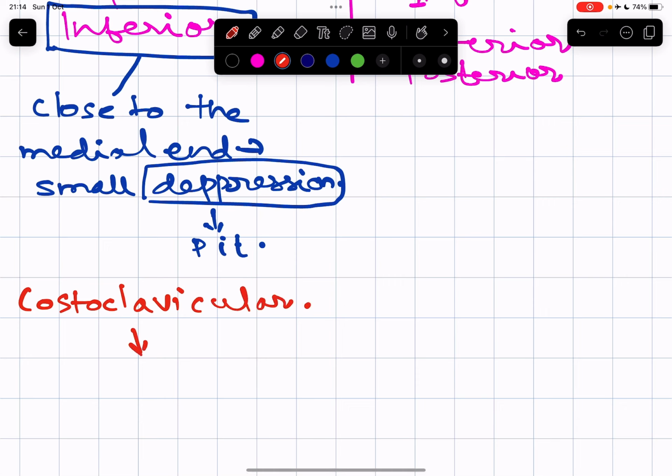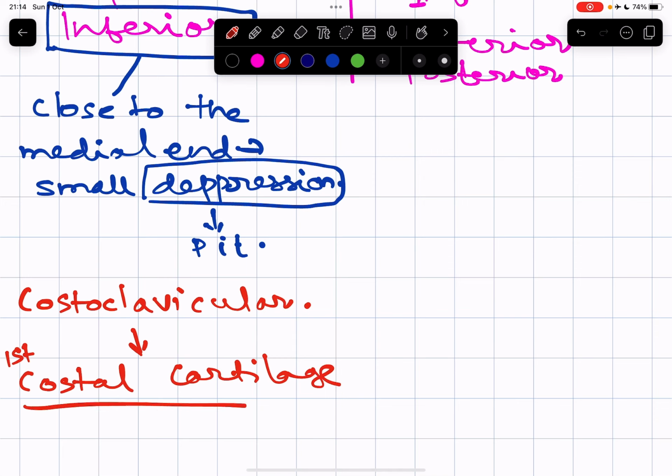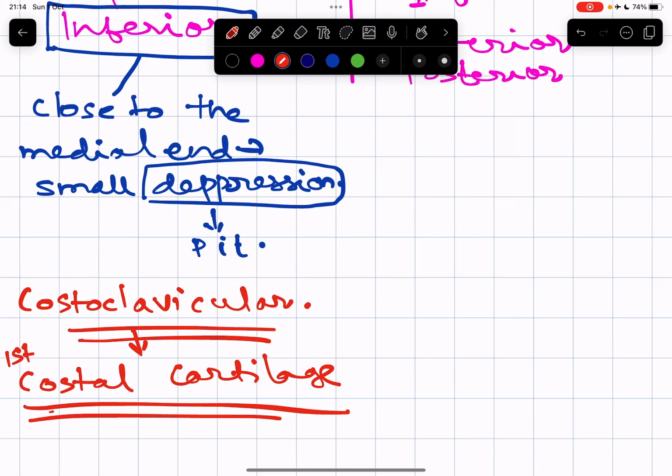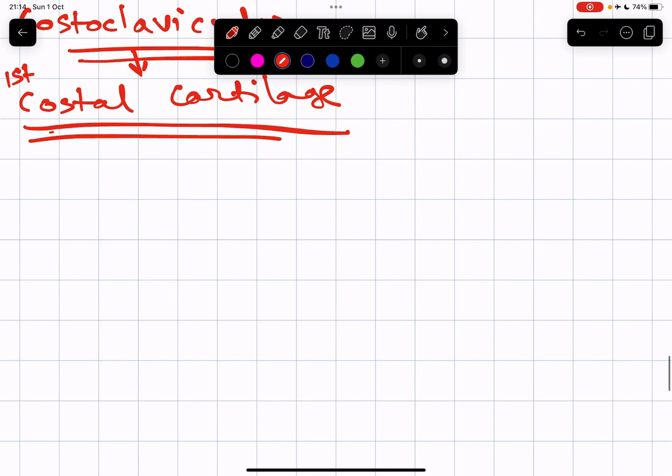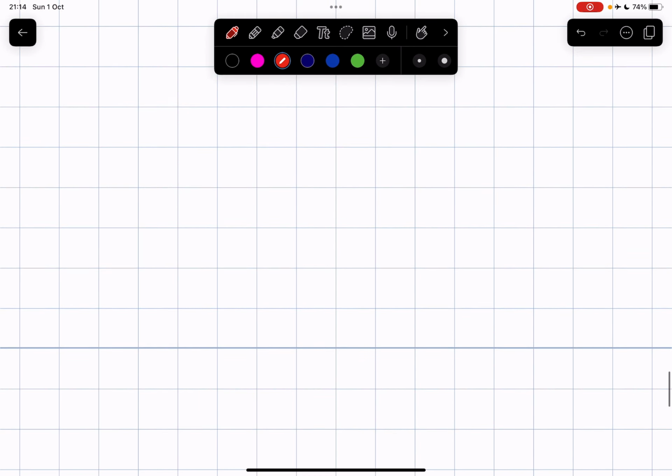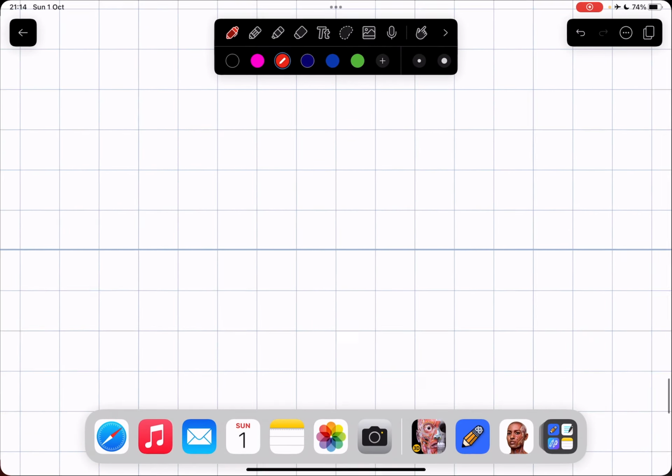So what is this costoclavicular ligament? Through the costoclavicular ligament, the inferior surface of the medial 2/3 of the shaft of the clavicle is attached to the first costal cartilage. I can actually show you this ligament in this animation.